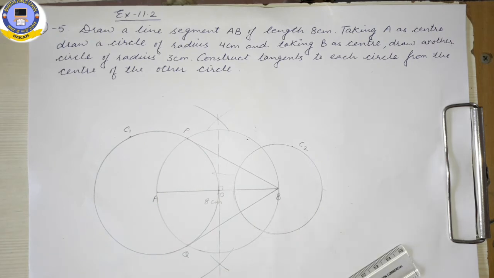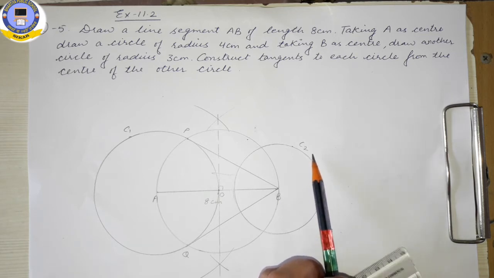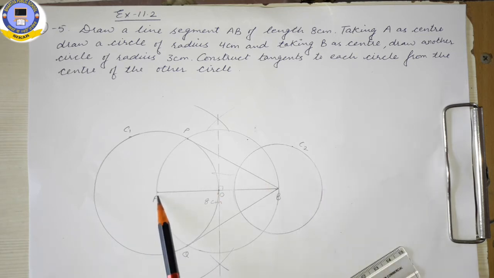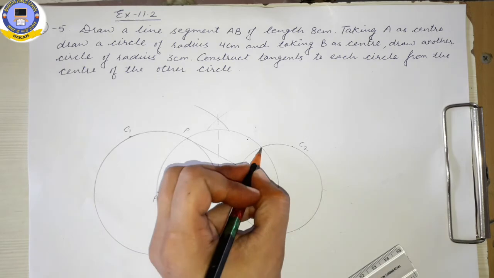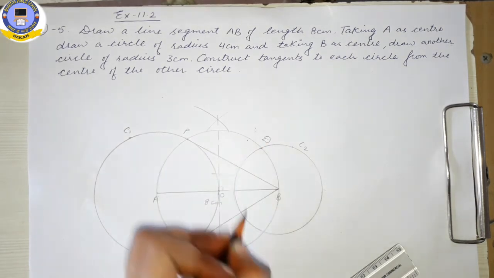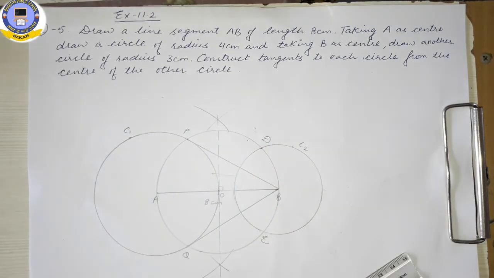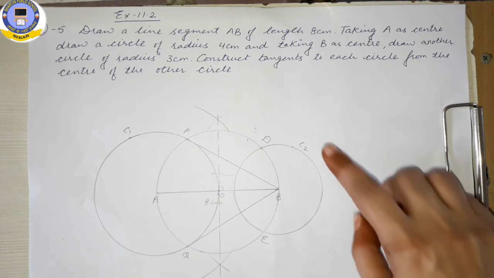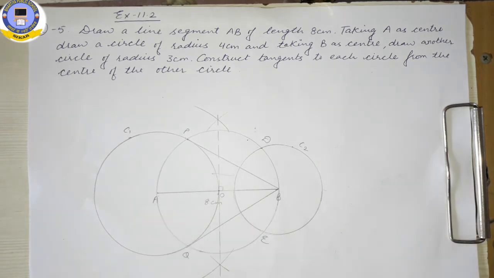Okay. Now similarly, if we have to draw tangents on C2 from this external point A, then this same process will be followed, 10th class. So already we have drawn perpendicular bisector of AB. This new circle is intersecting C2 at 2 points. Let it be D and E. Now if you will join AD and AE, then we will get two tangents on C2 from A. Okay.